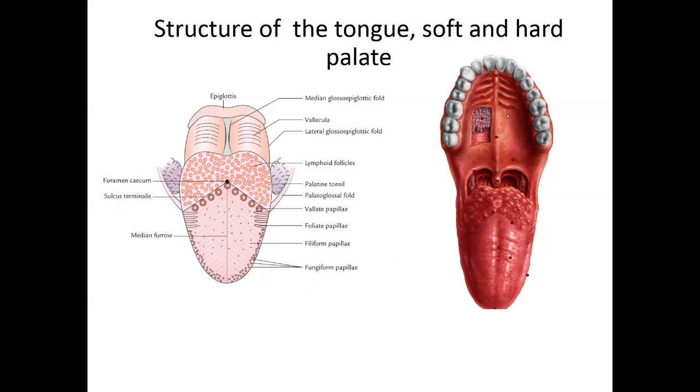Here it is foramen cecum, here it is sulcus terminalis. Corpus linguae and radix linguae develop from different embryological sources, and sulcus terminalis, linea terminalis, is the remnant of this border between parts developed from different sources.